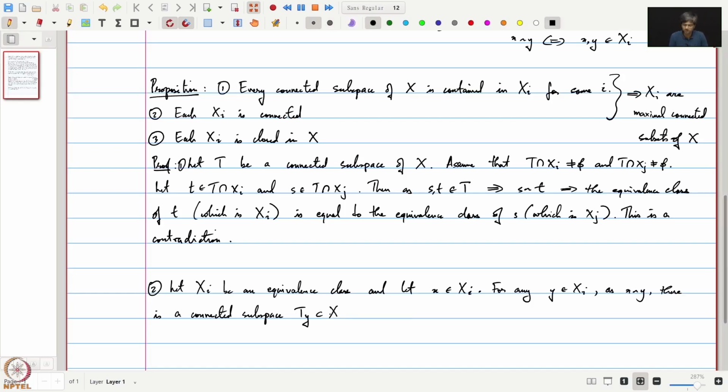Right, I'm just using the definition of the equivalence relation. Okay.